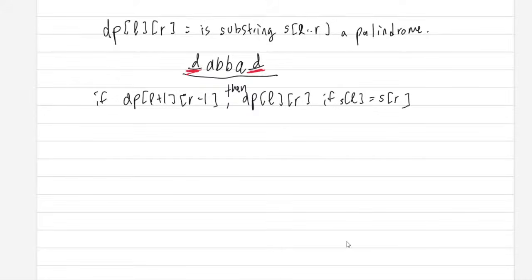And so what that motivates is a DP where you iterate in order of length, right?